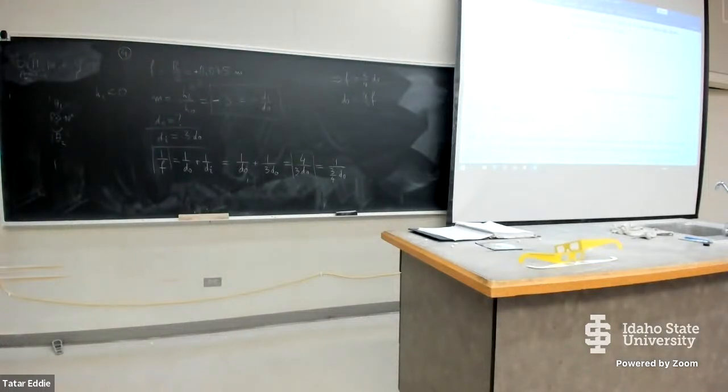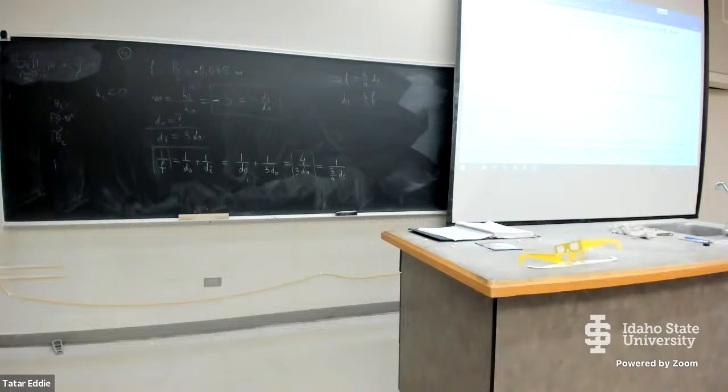So this is a typical conceptual question that you can see also. I have seen a problem like this in standardized tests like MCAS. So you have to arrange the indices of refraction.